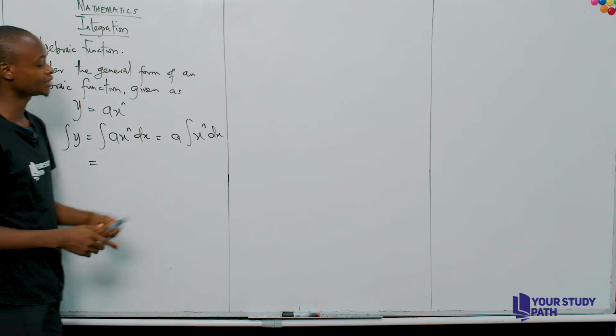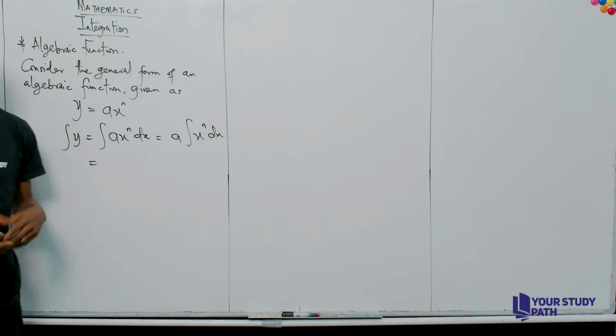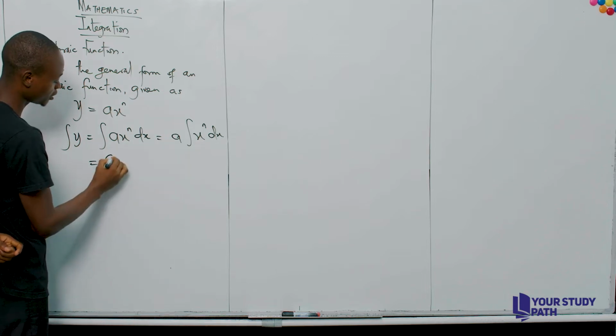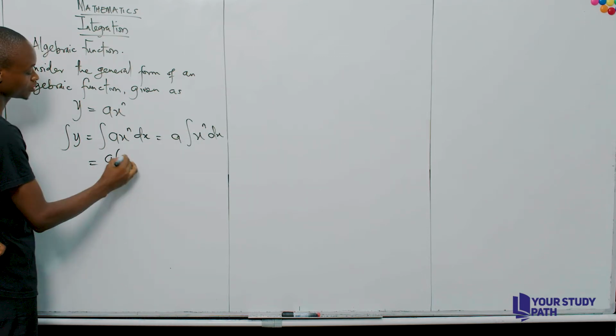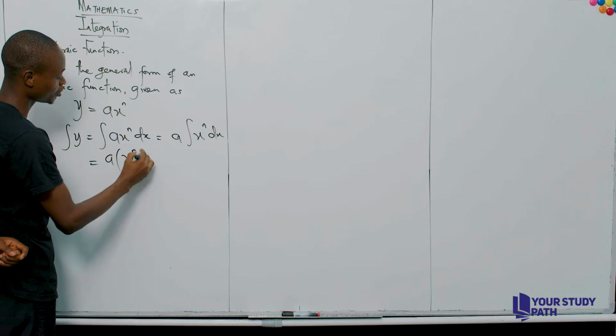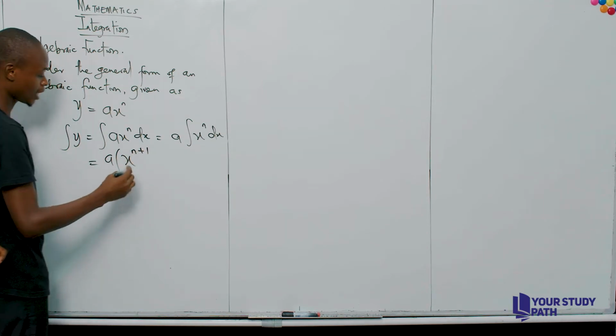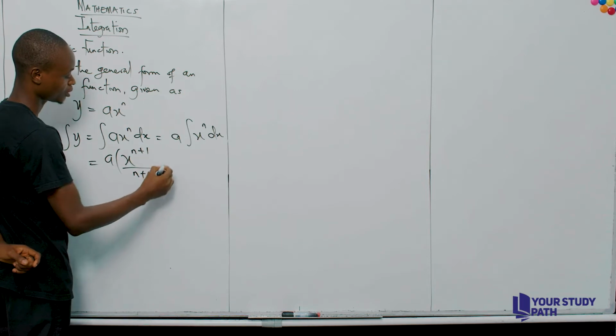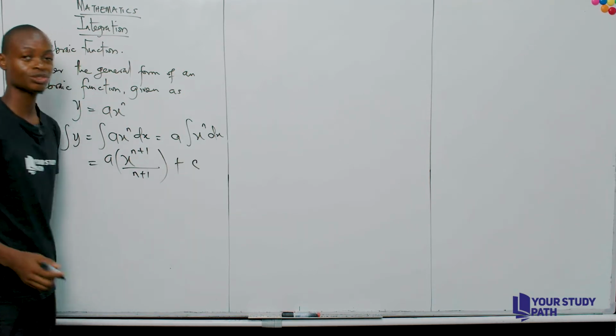All you need is that independent variable, just like in differentiation. And then when you integrate, remember a is outside, integration of this will now give us an addition of 1 to the power and dividing by that new power. Then the addition of a constant.